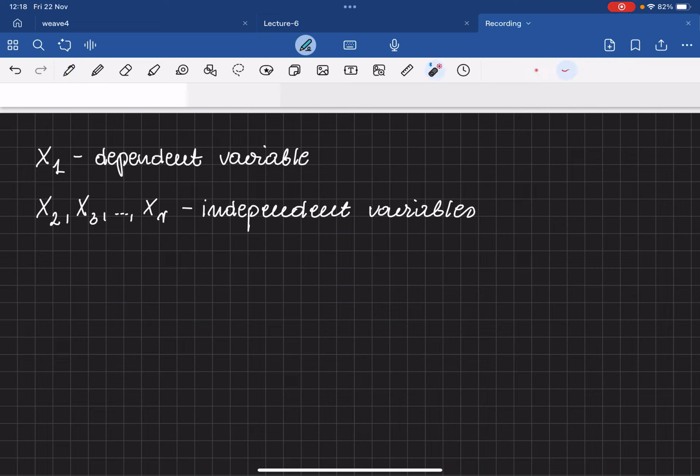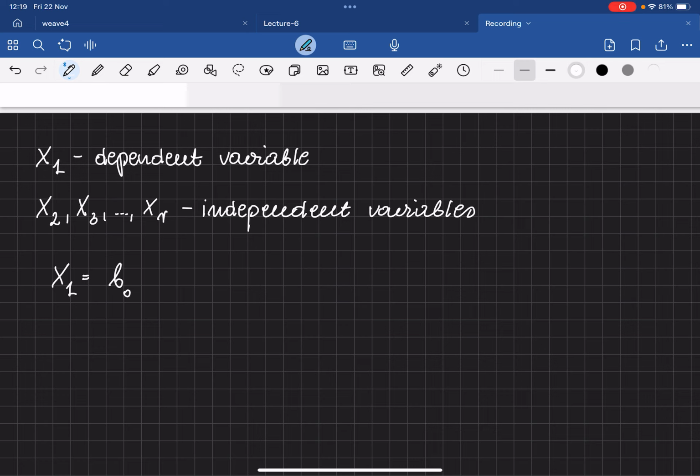The dependent variable is treated as a true statistical variable, and variables from x2 to xr are treated as data, so there is no really random effect here. Our model says that variable x1 can be calculated as an affine function of variables x2 up to xr.